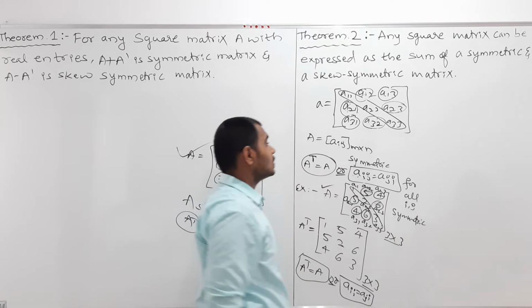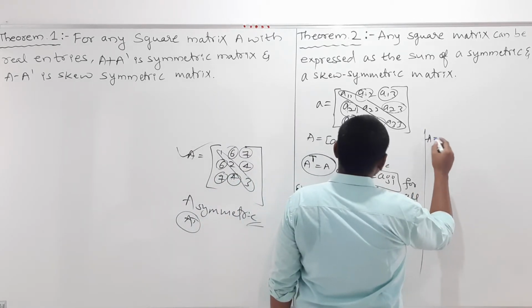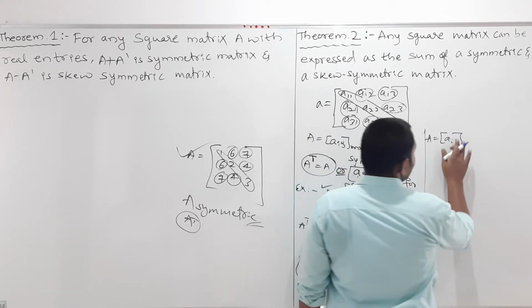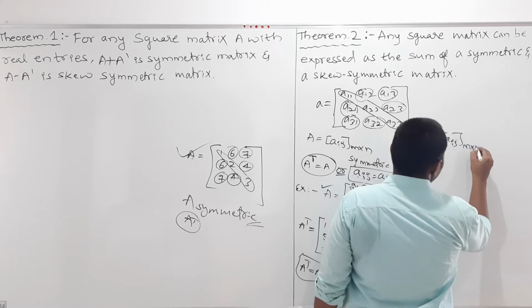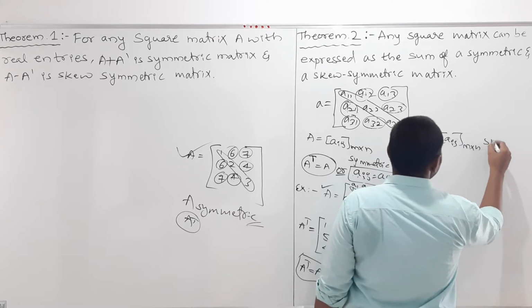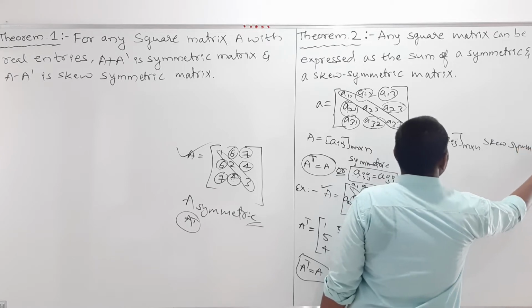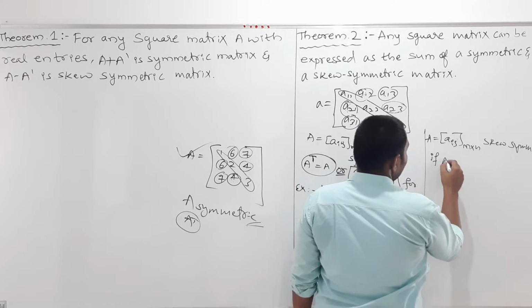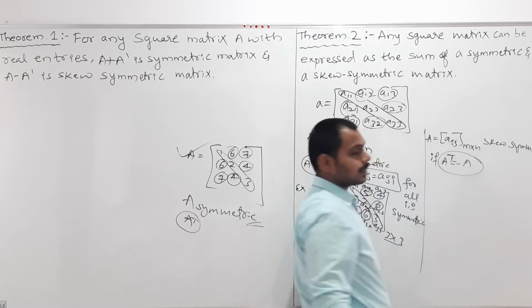Similarly, my dear students, we also discussed in the previous video, a matrix A in general, Aij, of the order m cross n, is said to be skew symmetric if A transpose equals minus A. Clear?